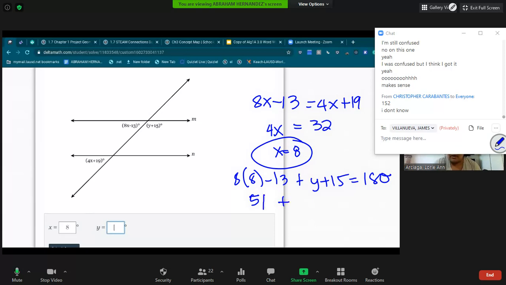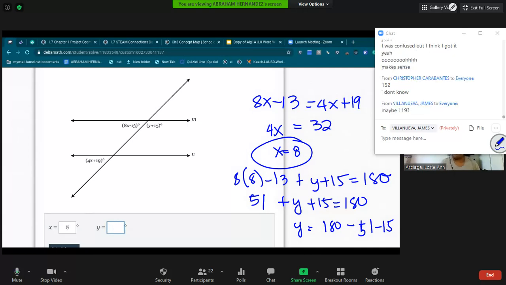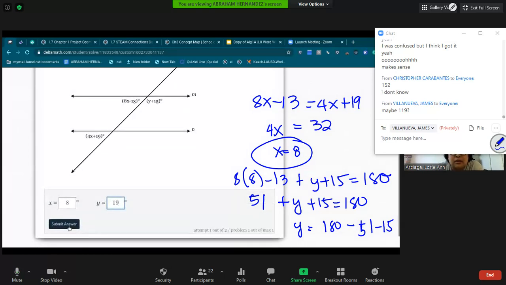And then plus y plus 15 is equal to 180. So what is y equal to when you subtract 51 and subtract 15 as well? 119. All right. 119. Oh, 119, Abraham. There you go.